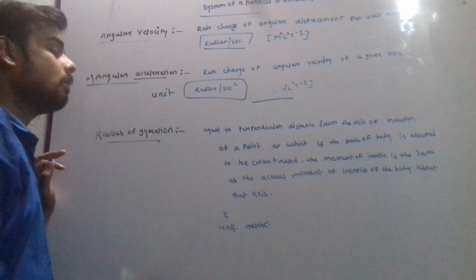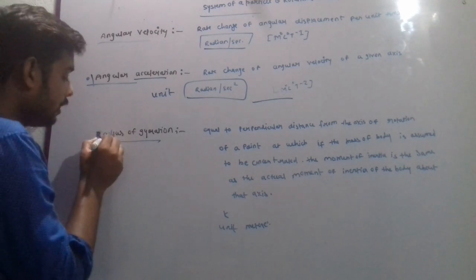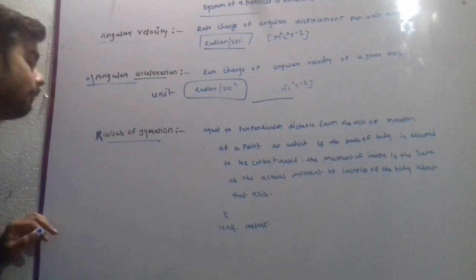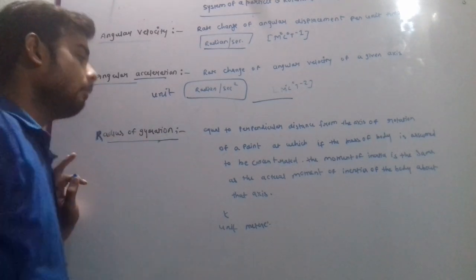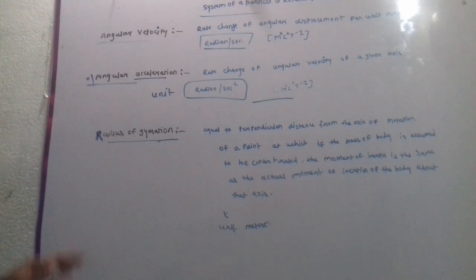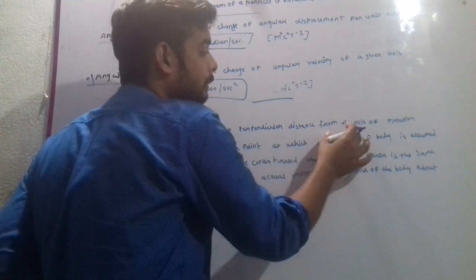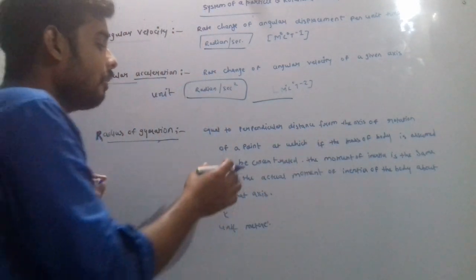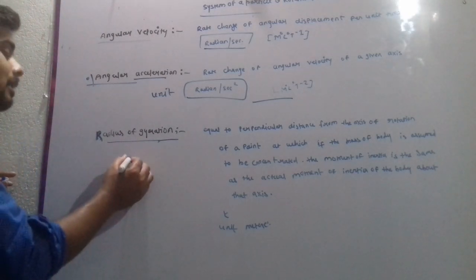Now the very important concept we are going to discuss, so try to learn it carefully. This is radius of gyration. What is radius of gyration? The radius of gyration is the perpendicular distance from the axis of rotation of a point at which the mass of the body is assumed to be concentrated.